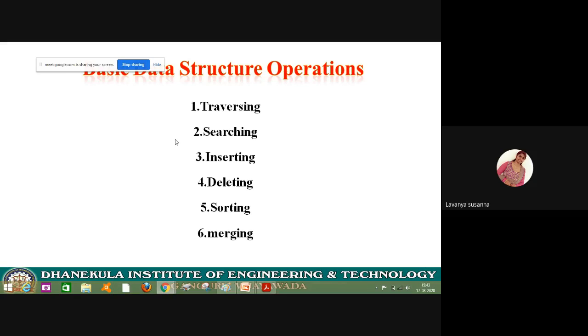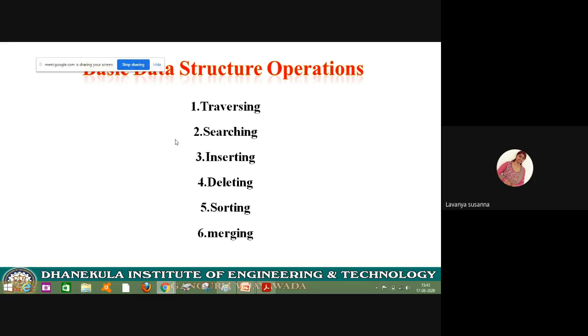Next operation is sorting. Sorting means arranging the elements in ascending or descending order in the data structure. Next, merging, combining the elements in the data structure.